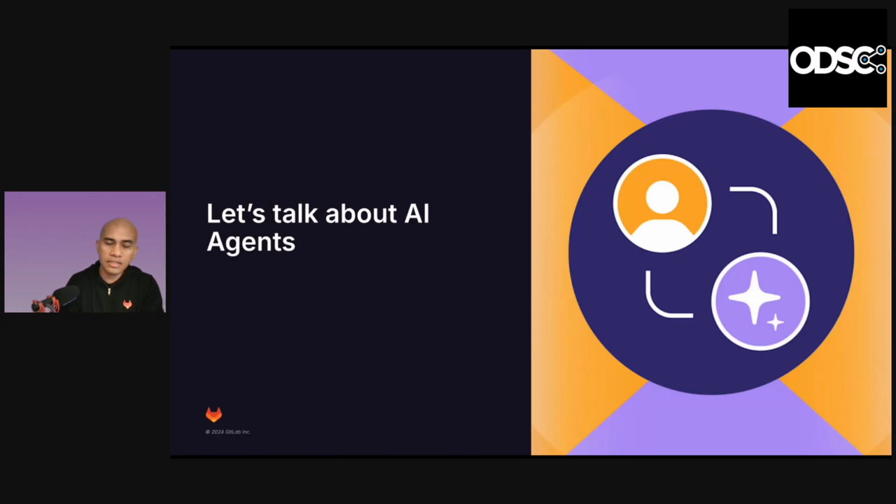Now, as I had mentioned, there'll be two parts. We're splitting my half hour in two. The first part, we will be talking about AI agents, and hopefully this will give you a good baseline understanding of AI agents and how they work.